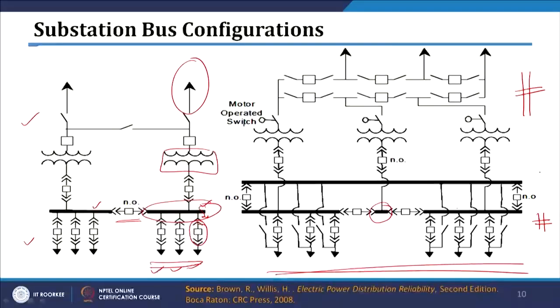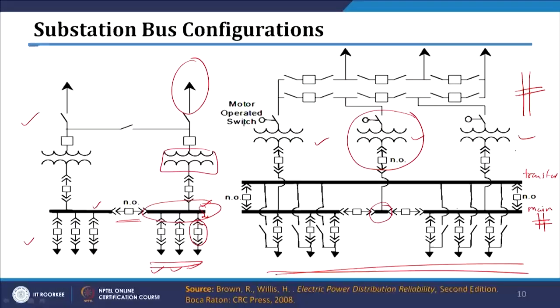And we also used a main bus. So this is your main bus and transfer bus arrangement to improve the reliability. Also, if you observe, there are 3 incoming lines which improve your reliability further, and there are 3 transformers. One of them is just energized, not connected to the circuit.